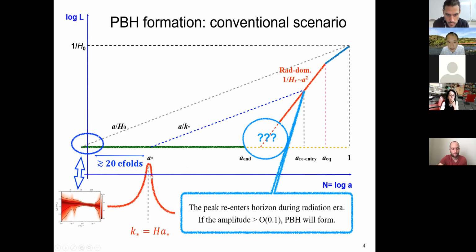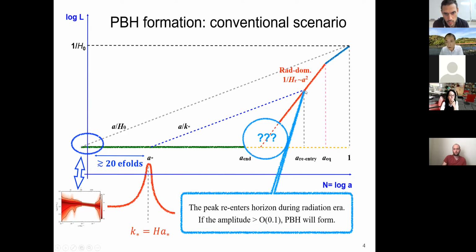But the mean square fluctuation would be maybe 10⁻² or so. So this means that the black holes which are formed will be from the large tail part of the large fluctuation.